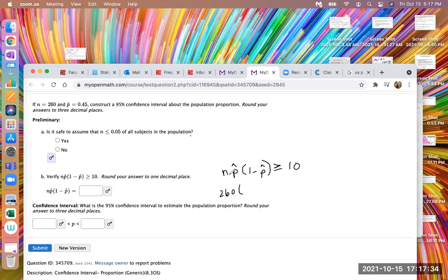We plug in 260 for n and 0.45 for our p hat, the sample proportion, and then 1 minus 0.45, and we verify that the number is greater than or equal to 10. I'm going to put the 1 minus 0.45 in parentheses so that it does the order of operations correctly.